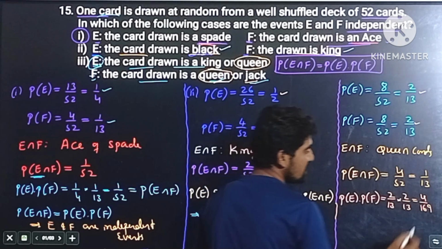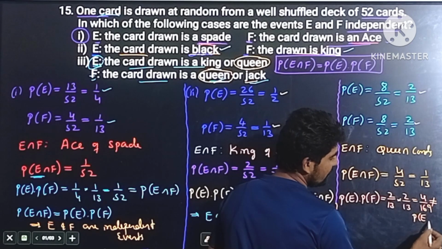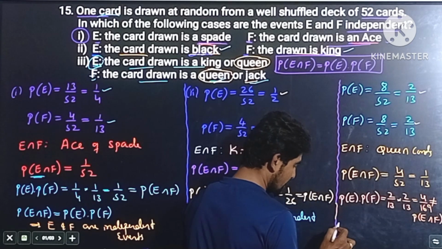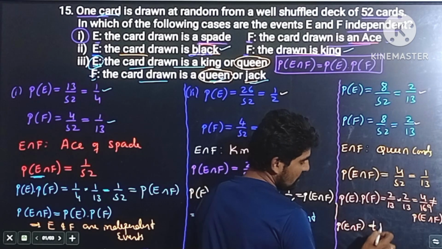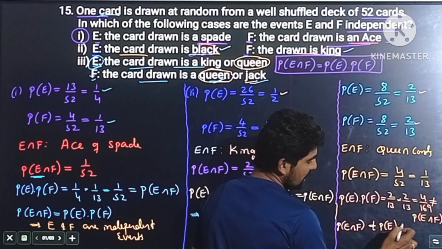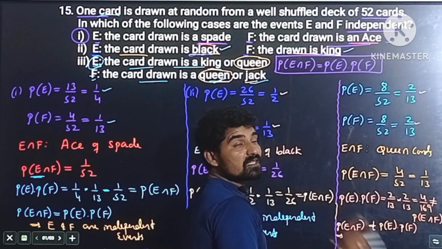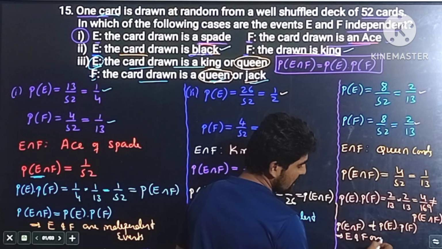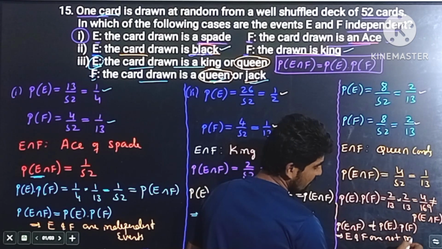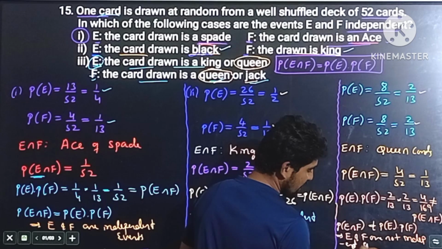So 4 by 169 is not equal to the probability of E intersection F. It means the probability of E intersection F is not equal to the probability of E into the probability of F, which implies the third given 2 events E and F are not independent events.